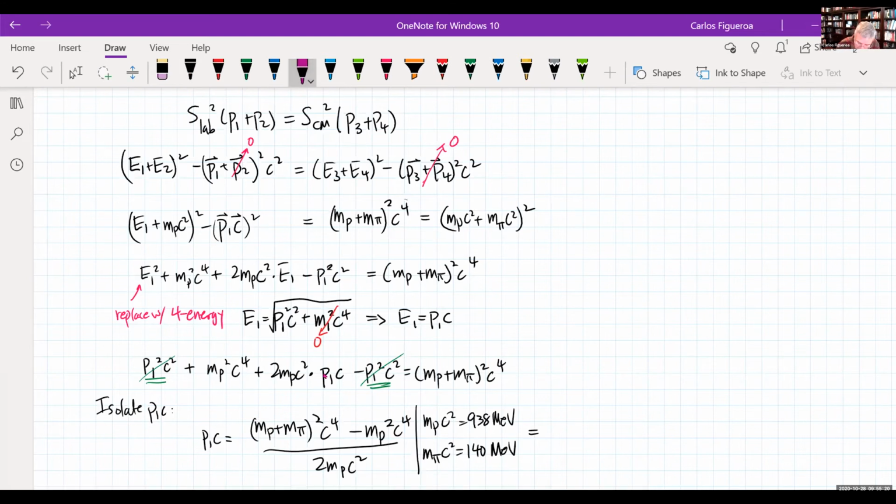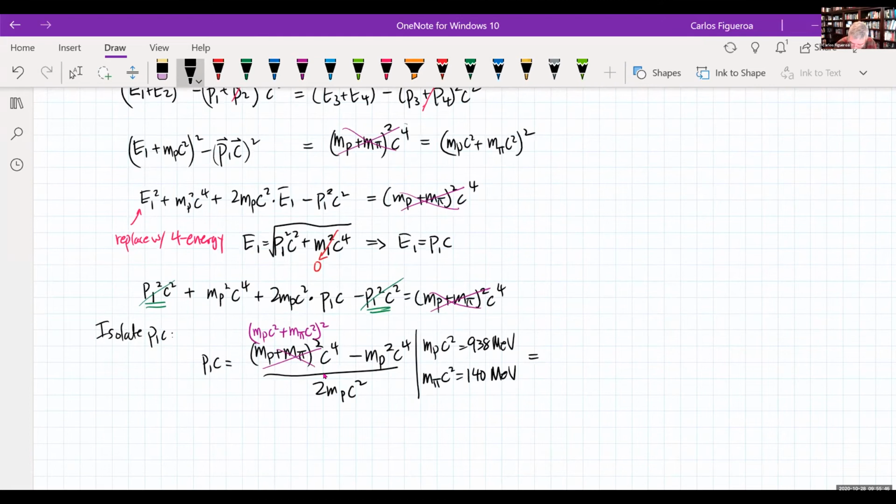So I'm not going to use that way. The correct term is really MP C squared, M pi C squared squared. So I messed up on my C squared term here.